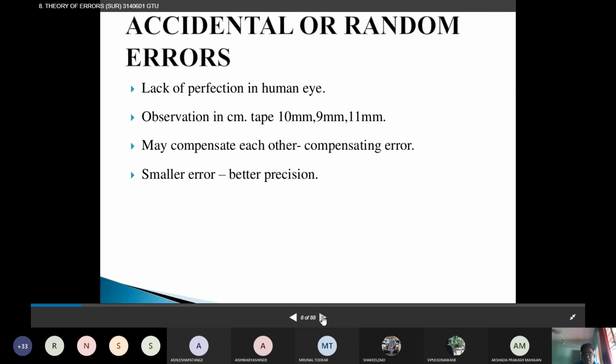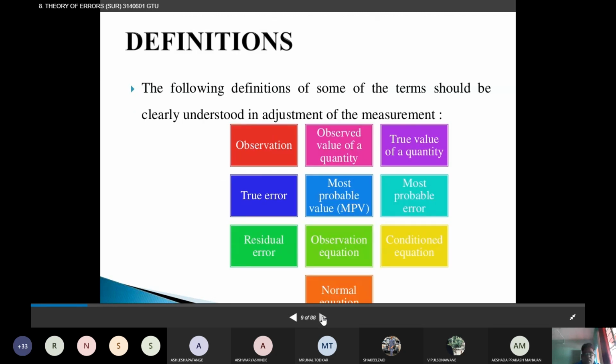Small error, better precision. Now according to these definitions, please note down, it's a very important part we are discussing. The following definitions and technical terms you have to utilize for clearly understanding the triangulation adjustments during the measurements.